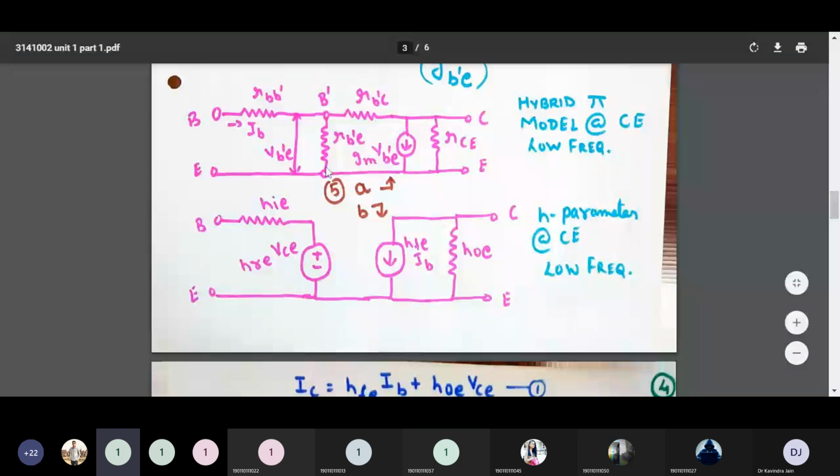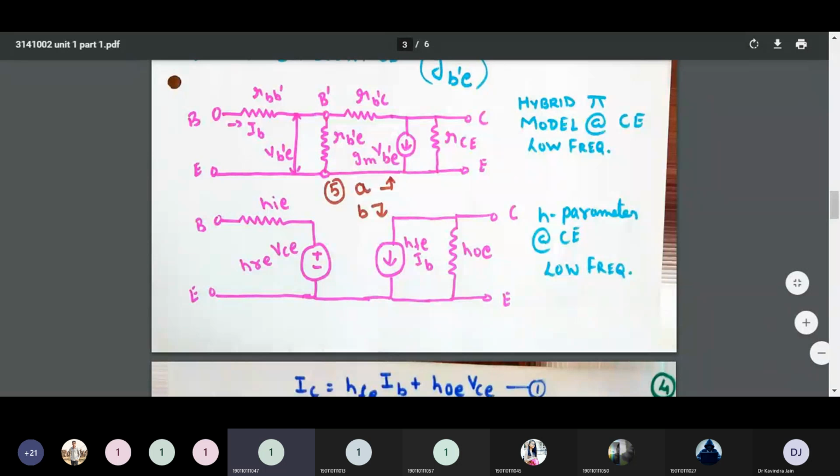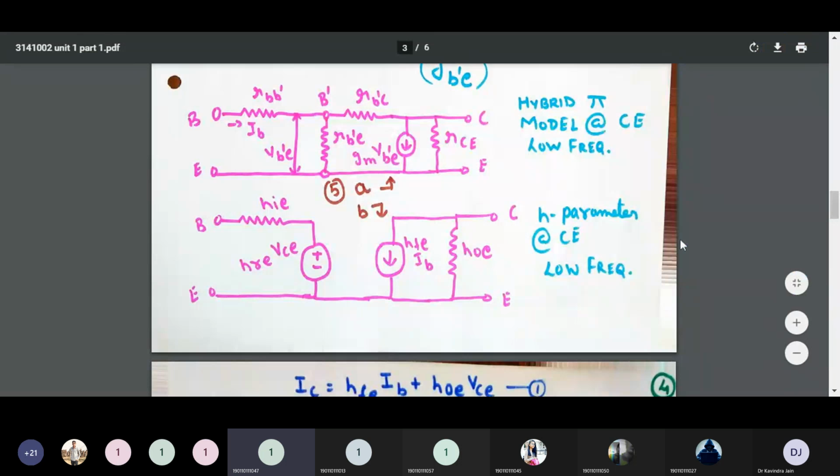RB dash E. So what is the value? V is equal to I into R, isn't it? Yes, sorry, sir. IB into RB dash E.